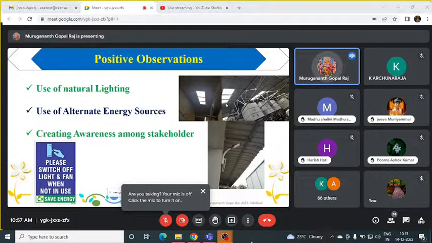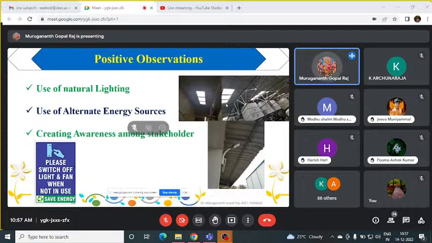Then the third one is creating awareness among stakeholders. Creating awareness means you can educate your parents, your children, your siblings, your spouse, to switch off the fans and lights when not in use. This can be in a positive term. What is a positive term? Instead of requesting them to switch off the fans and lights, you can say, thank you for switching off fans and lights.